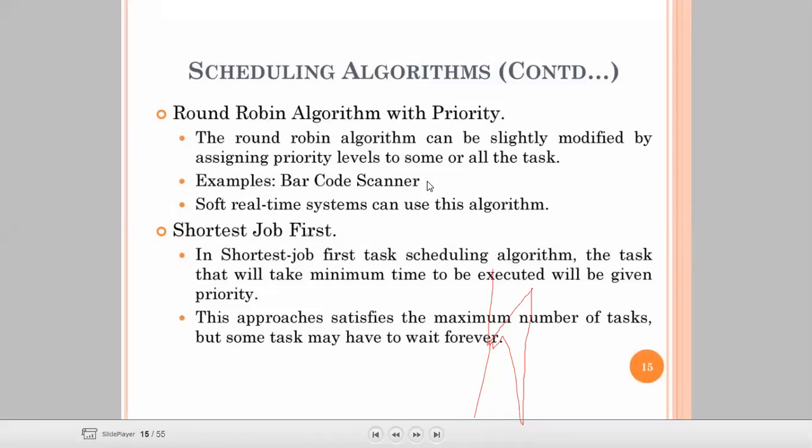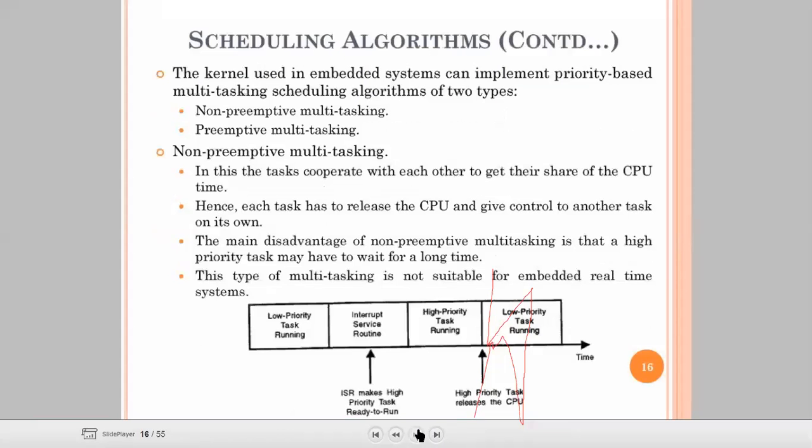Whatever is shorter is executed, but the task having 2 minutes of execution time waits forever until completion of those 1,999 tasks. That is the problem here. This approach satisfies the maximum number of tasks, but some tasks may have to wait forever.